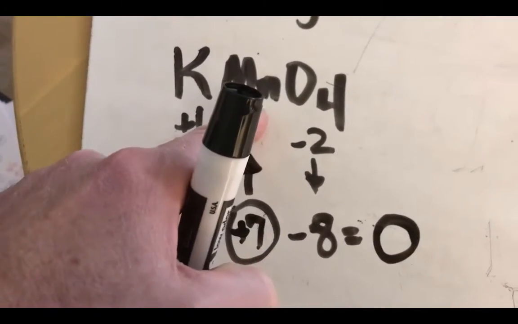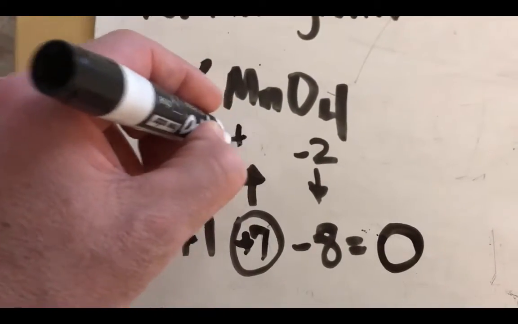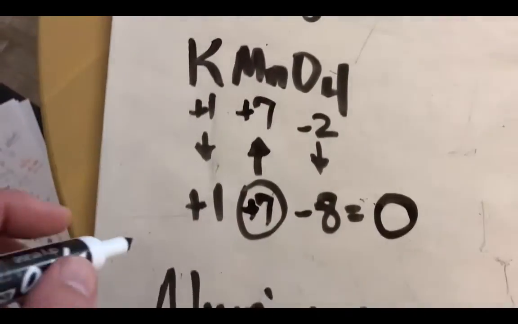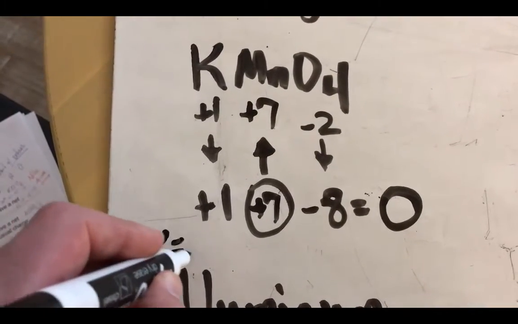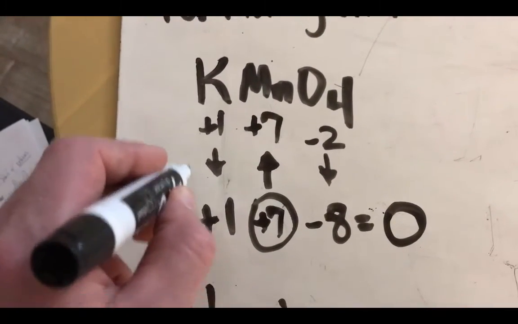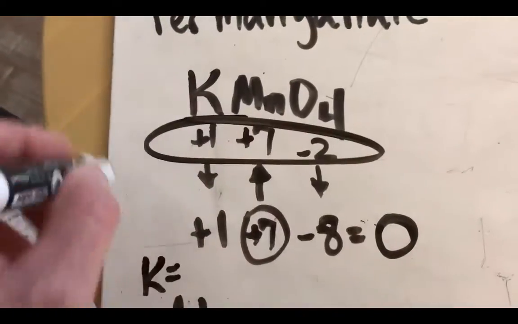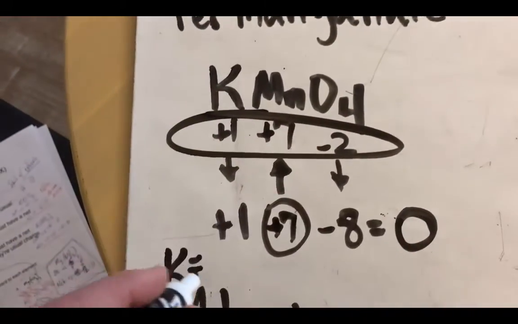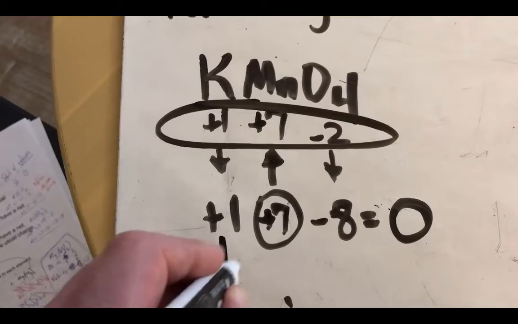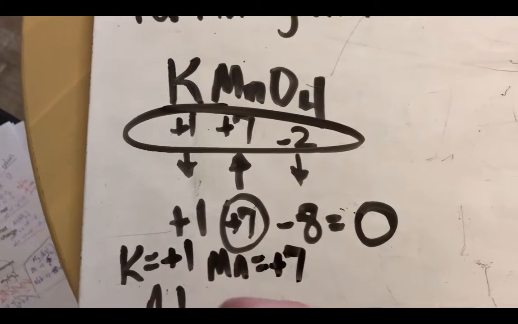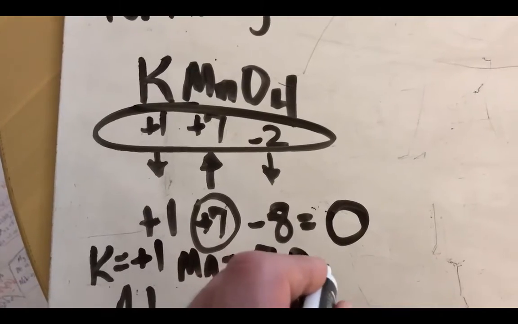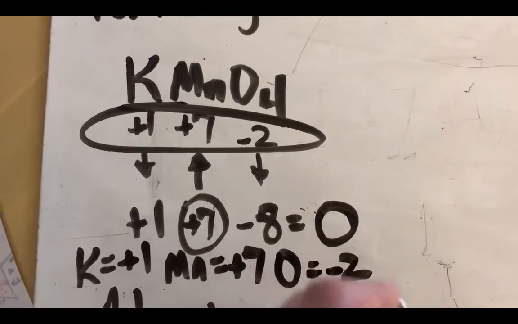There's only one manganese here, so it represents a +7. I believe on your homework it says to write out each element. So these are the oxidation numbers for all of those elements: potassium is +1, manganese is +7, and oxygen is -2.